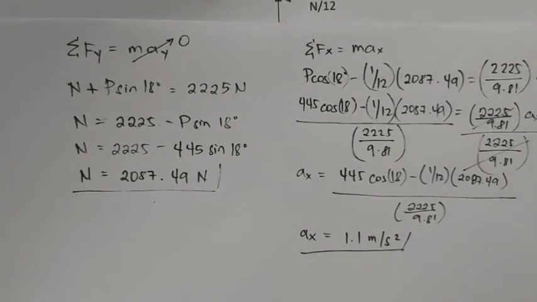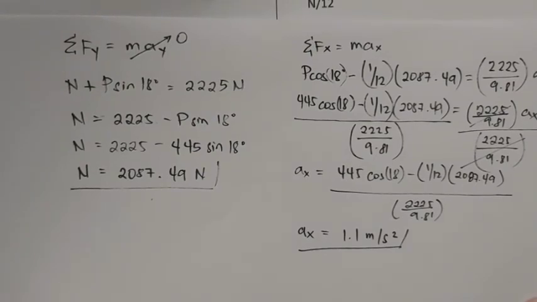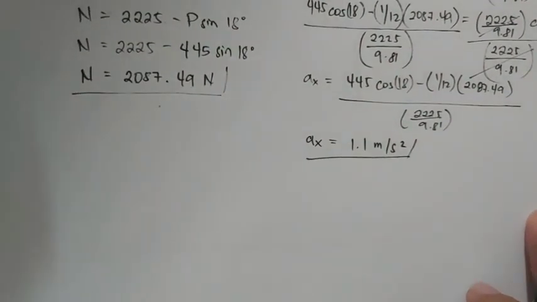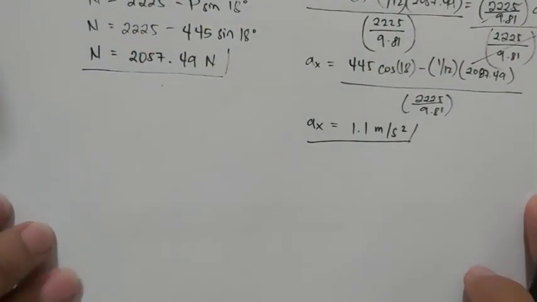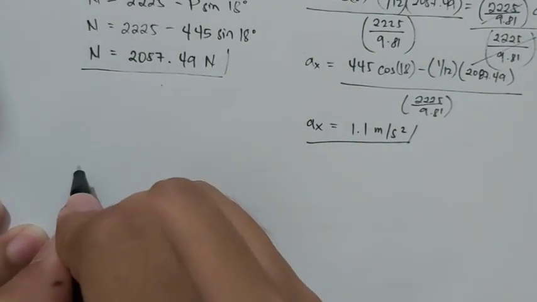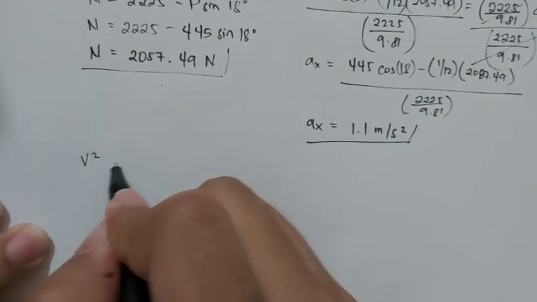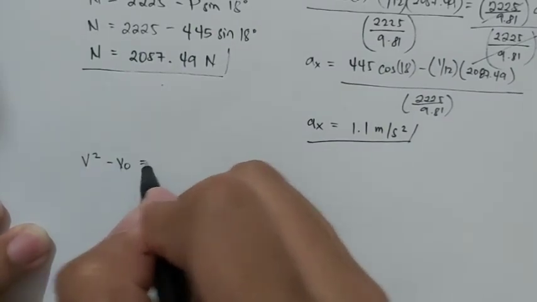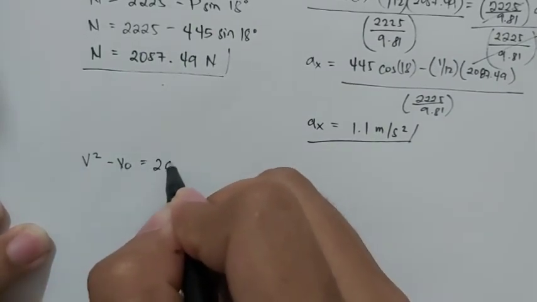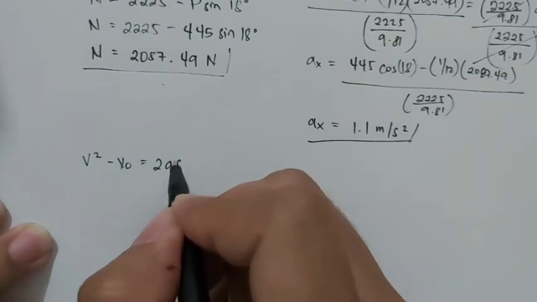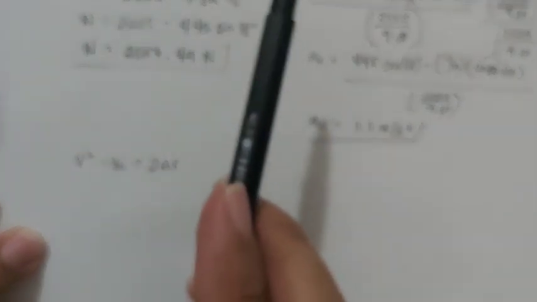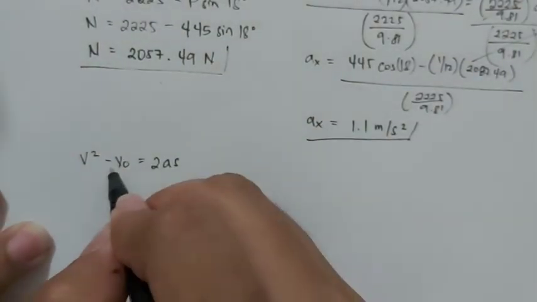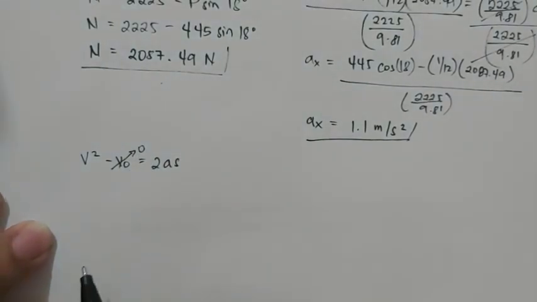Next, to get our velocities, we have the formula v squared minus the initial velocity squared is equal to 2 times a times the distance. We know that from rest, we have no initial velocity, which is equal to 0.